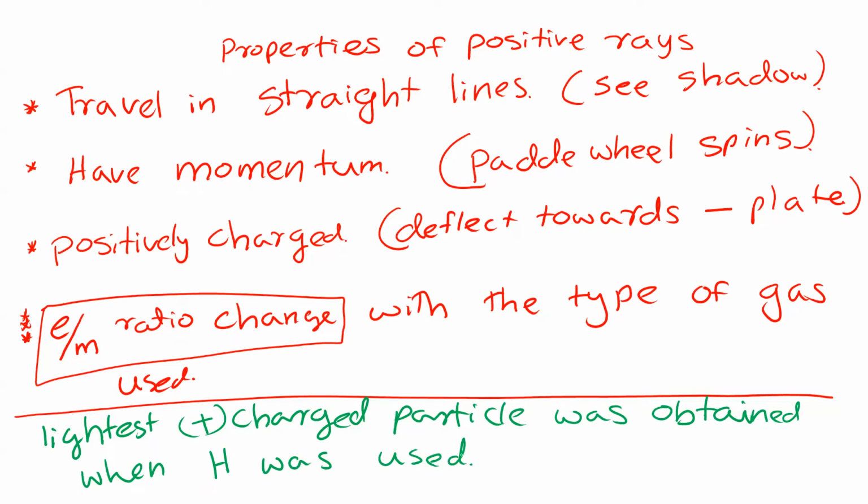So that is an additional fact. It doesn't come under the properties of the positive rays. The properties of the positive rays are these first 4 points I have mentioned.